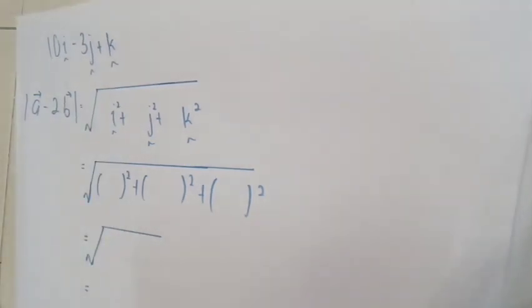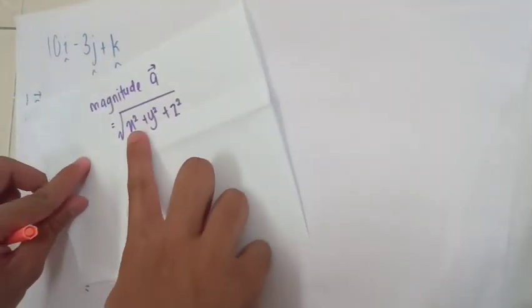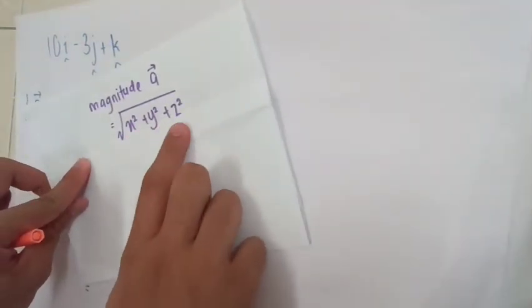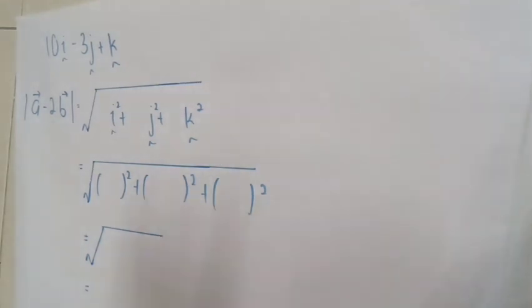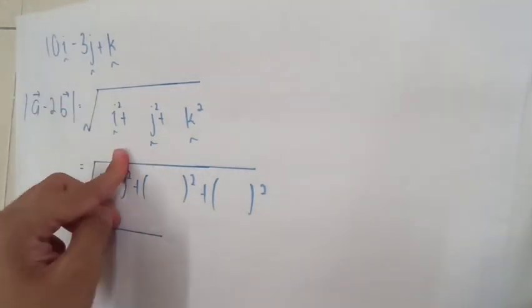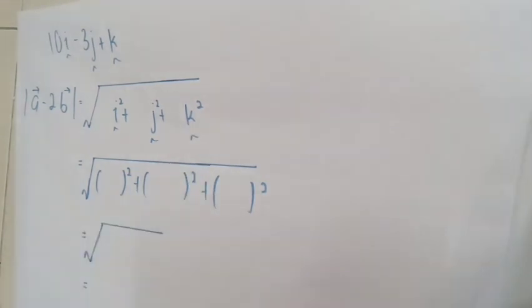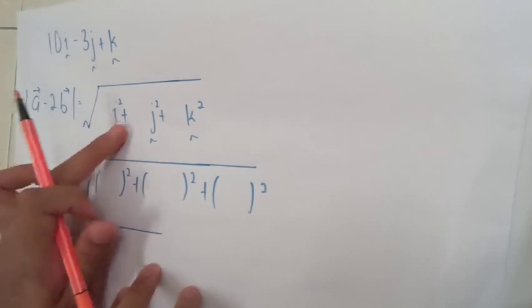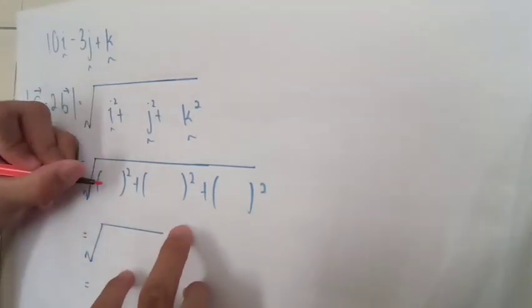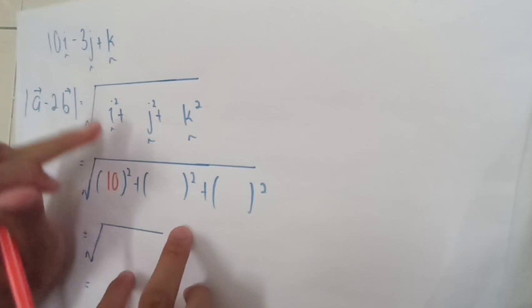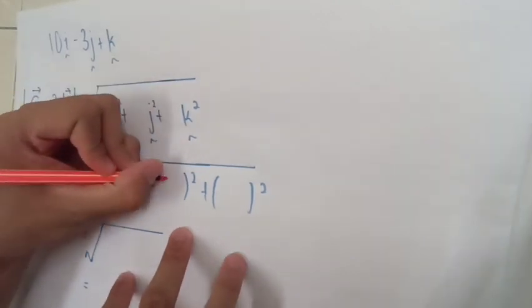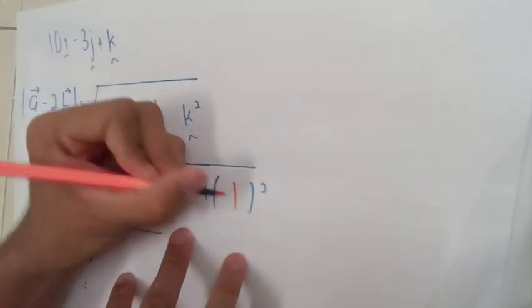First, in finding the magnitude, do you still remember the formula I just told you, which was square root of x squared plus y squared plus z squared. From this equation given, we have the values of i, j, and k, so just put in the values. 10 square plus negative 3 square plus 1 square.